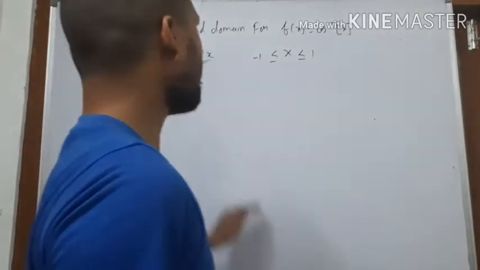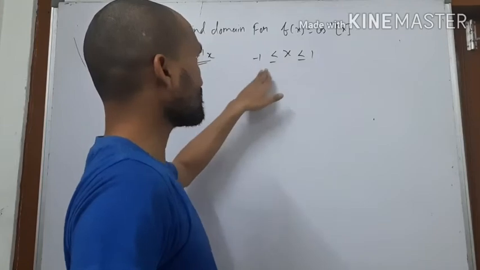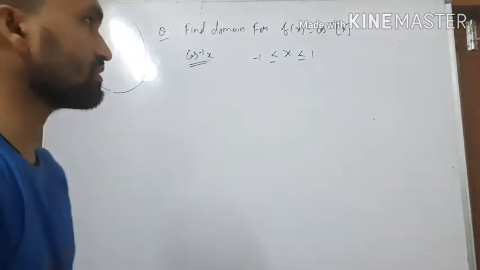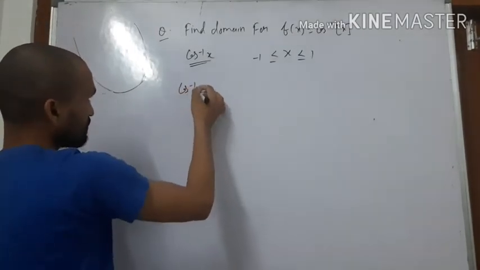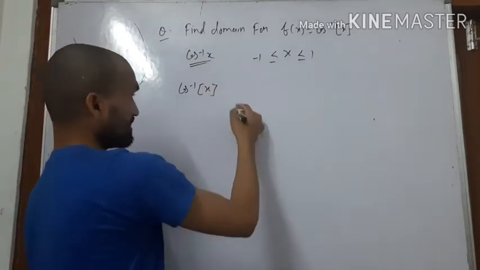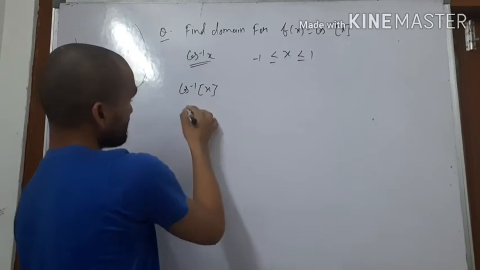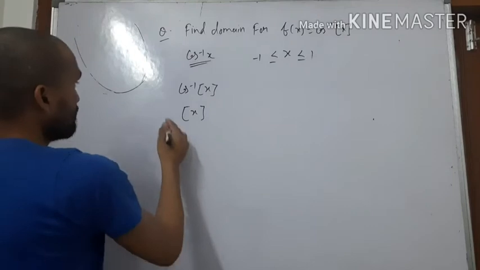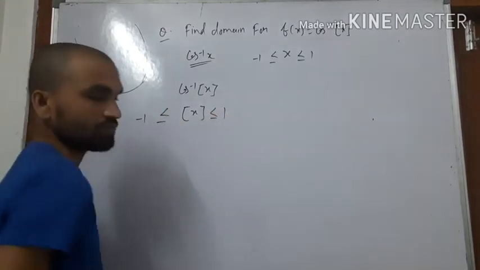It means if cos inverse x exists, then x belongs to its principal values from -1 to +1. So for the existence of cos inverse greatest integer x, greatest integer x should belong from -1 to +1.